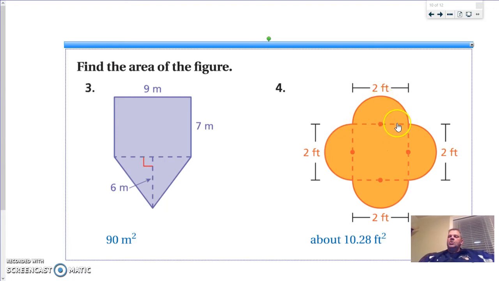The radius would actually be 1, so this would give me 3.14 for 2 of those and 3.14 for 2 of those, which would give me the 6.28 plus that 4. Going back over here, this is 63, and what I have right here is 9 times 6, which is 54, divided by 2 gives me my 27. 63 plus 27 gives me my 90.